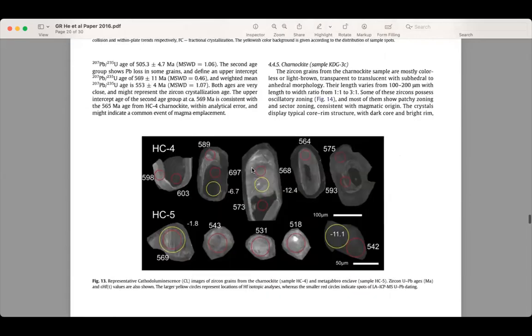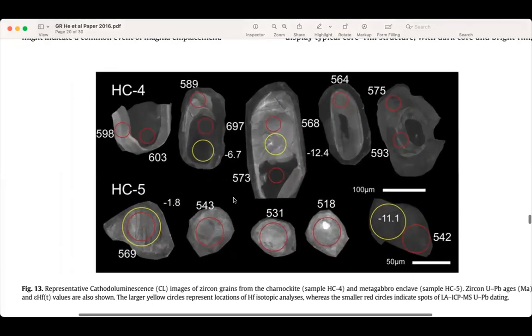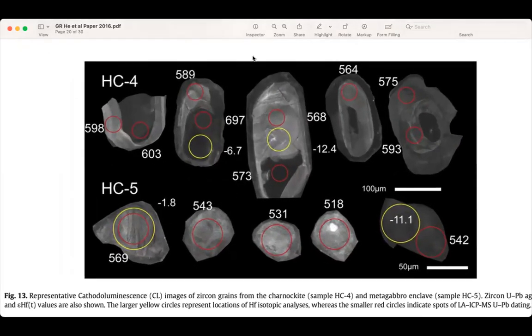Okay, so these are the zircons that we have used for age determination. Okay, so can you see clearly this diagram? Yes.